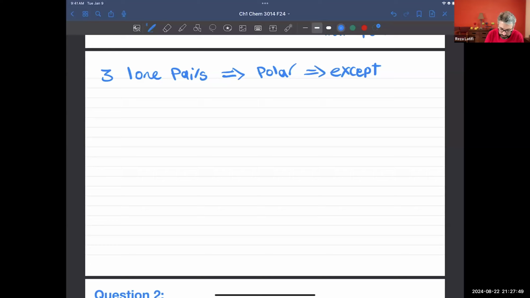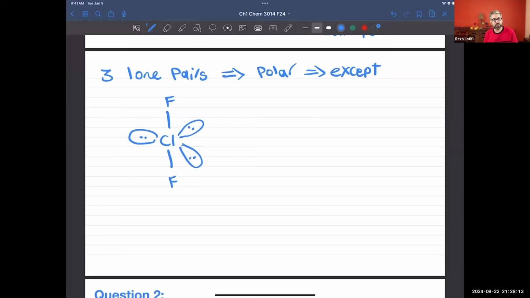For example, Cl attached to fluorine, with three lone pairs.